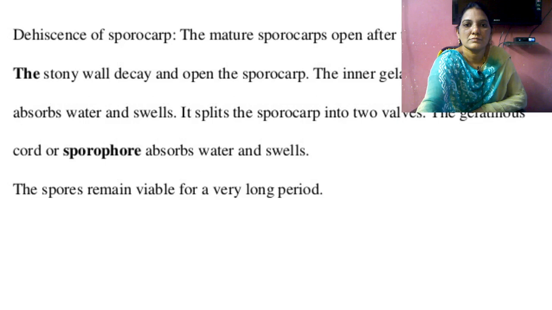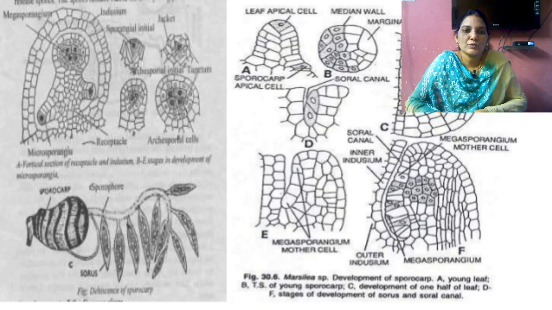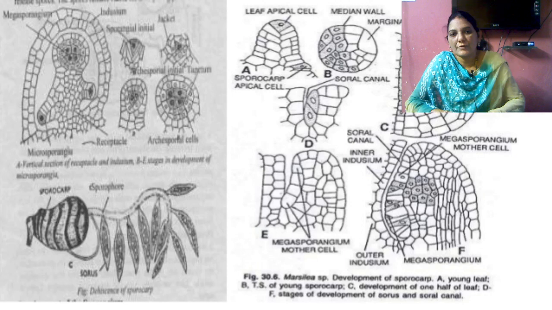Here we can see clearly the macrosporangium and two microsporangia. The macrosporangium develops into the female gametophyte, and the microsporangia develop into the male gametophyte.